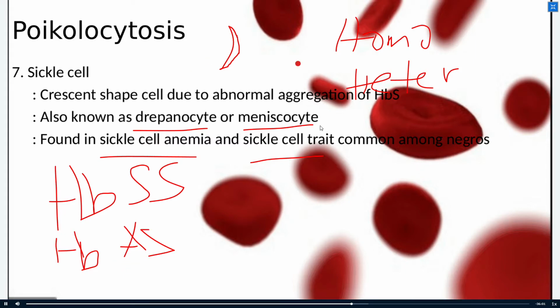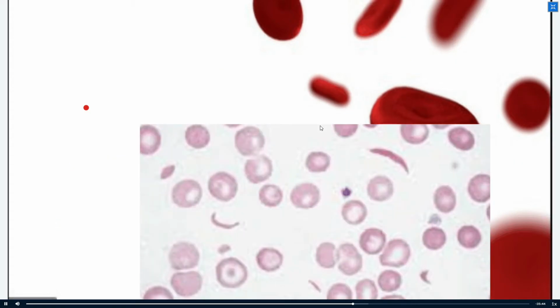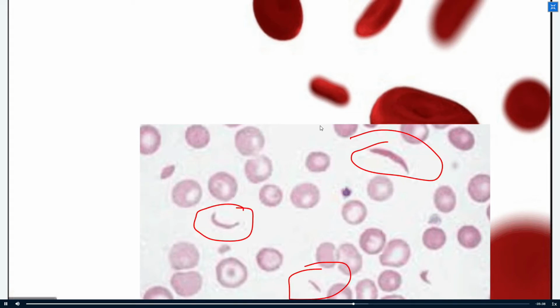Remember, this is adult hemoglobin. We're talking about your adult hemoglobin in sickle cell. And remember, the solubility test does not detect fetal hemoglobin. Common among Negroes. So this is the appearance of your sickle cell, class. They would appear crescent shaped.